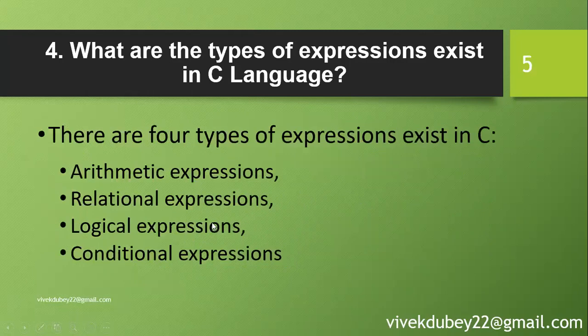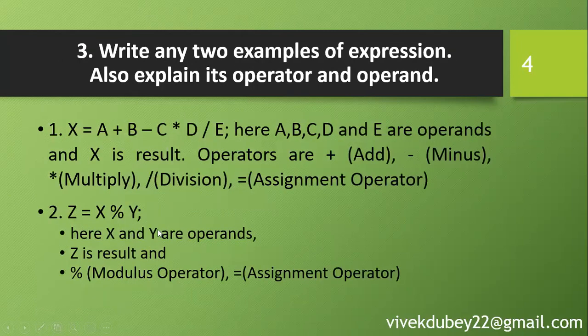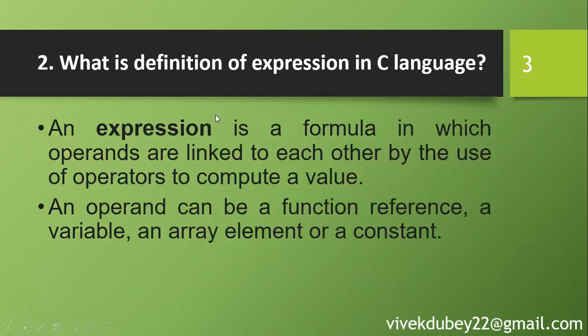Now there are four important expressions we have seen. One is arithmetic, second is real, relational, logical, and conditional. Now in this slide we have explained the operator and the operand, the difference between operator and operand. Okay.